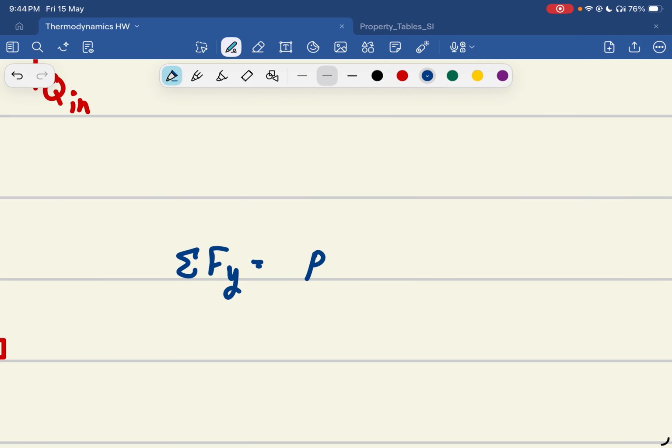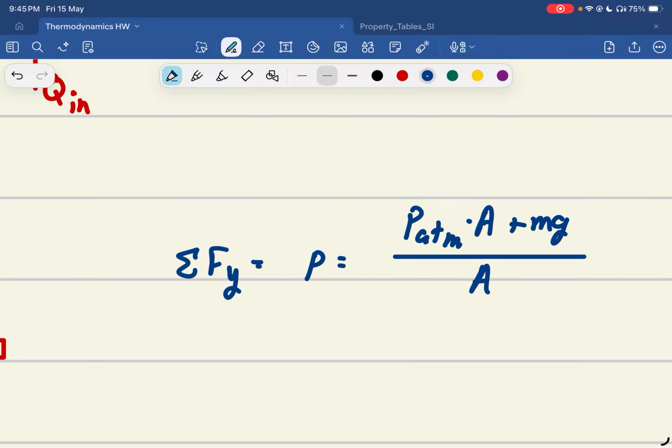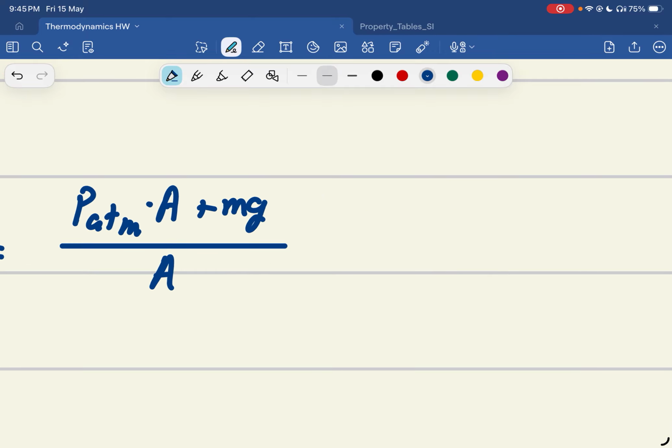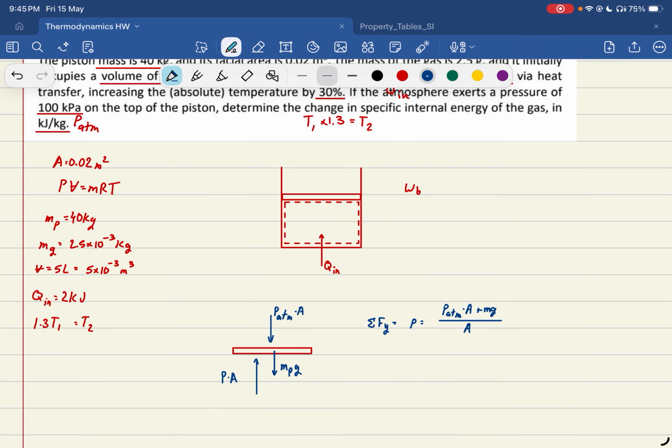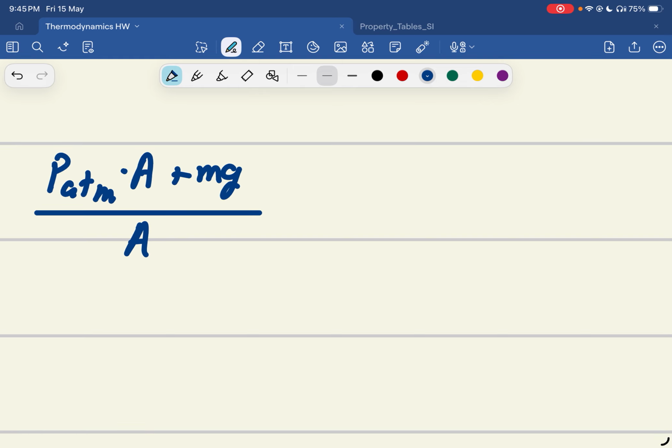So we can just plug everything in. So P would just equal P atmosphere times area plus mg over the area. That would just be 100 times 10 to the third times 0.02 plus 40 times 9.81 over 0.02.